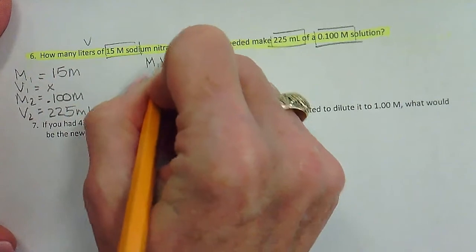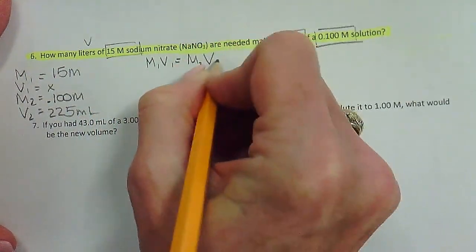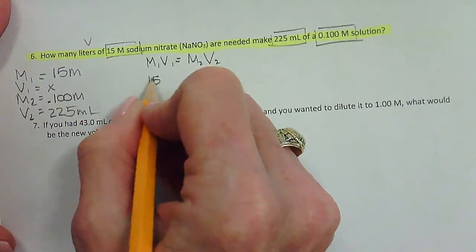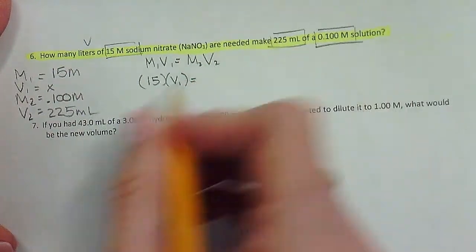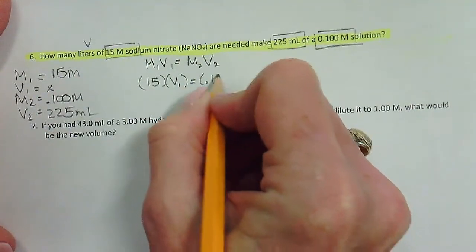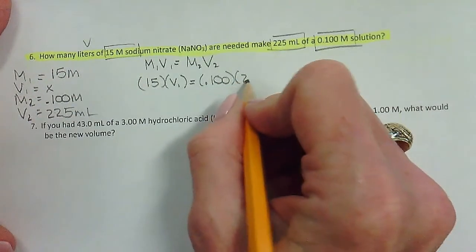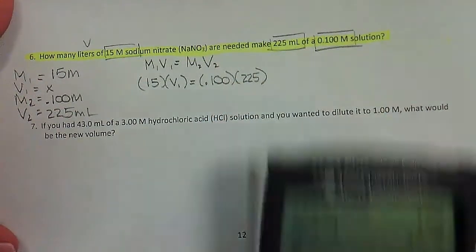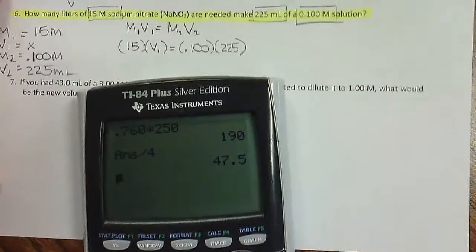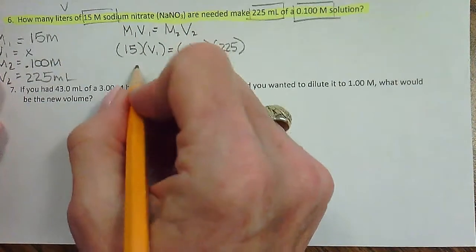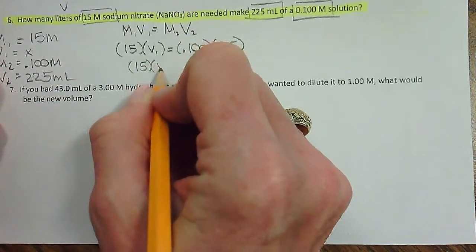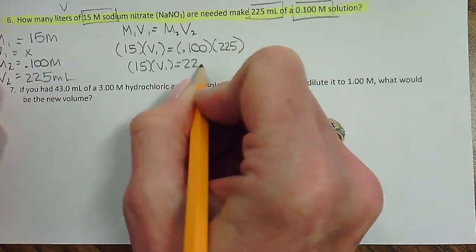Formula, M1V1 equals M2V2. Initial molarity is 15 times V1 equals M2, 0.100, times V2, 225. So I'll do the same thing. 0.100 times 225 is 22.5. 15 times V1 equals 22.5.